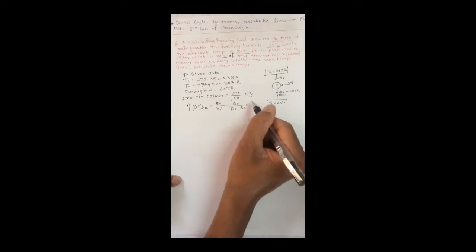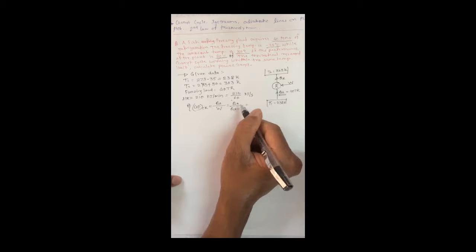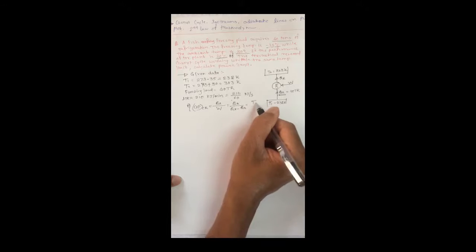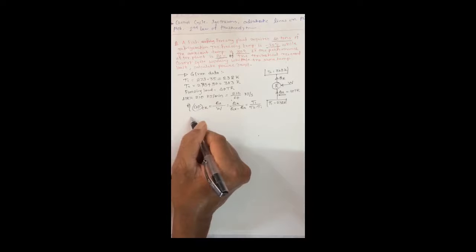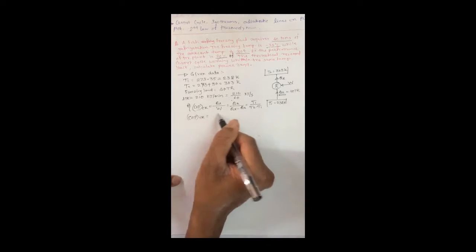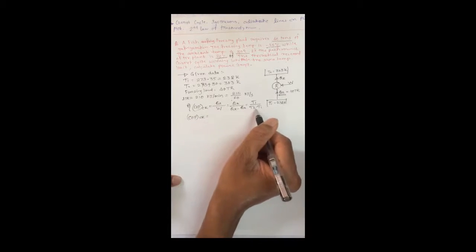We can show that formula in temperatures: T1 upon T2 minus T1.